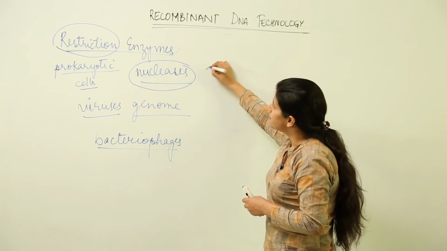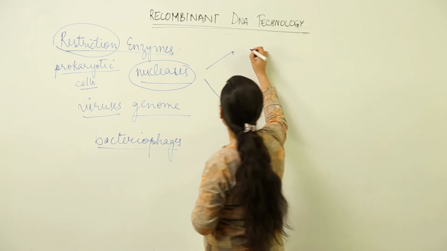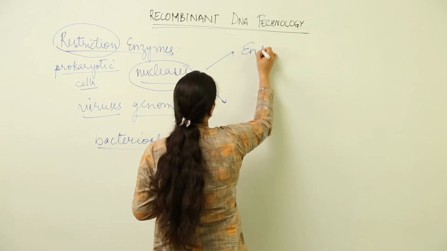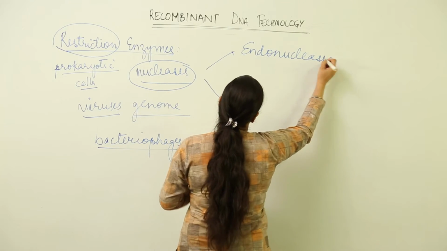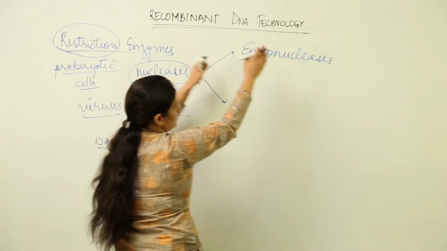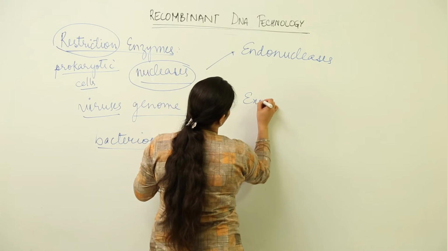There are two types of restriction enzymes. One is endonuclease. Again, I would say these are types of nucleases only. So we have restriction endonucleases and restriction exonucleases.